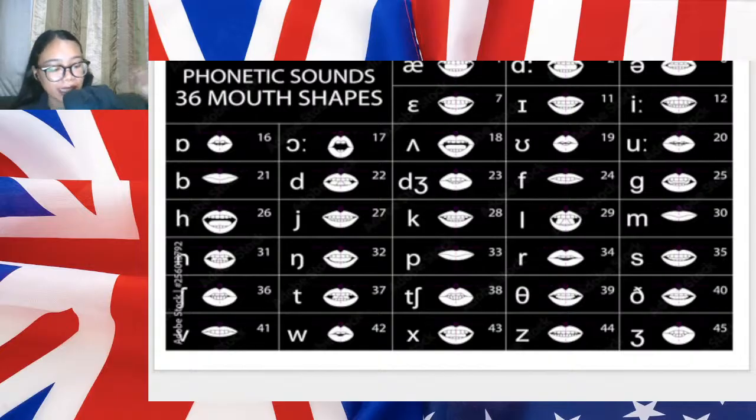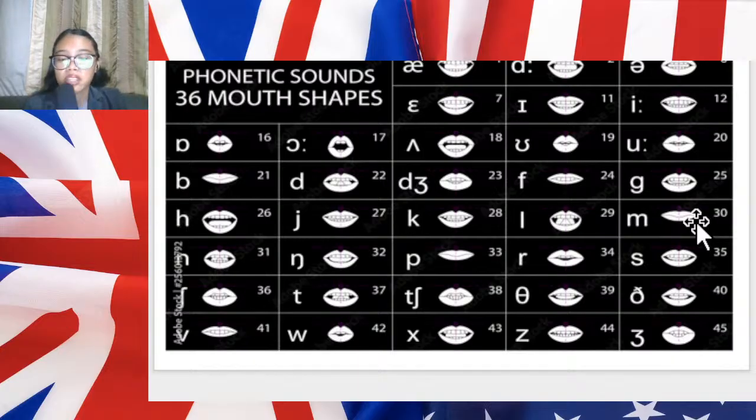So each symbol in the IPA corresponds to a specific way your mouth, your tongue, and your lips need to be positioned to produce that sound correctly. All those articulators work together when producing one sound. That's the responsibility of the articulators: our mouth, tongue, and lips, as well as teeth sometimes.